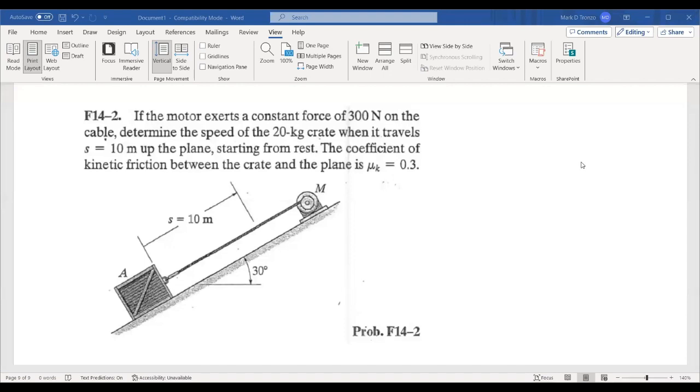We'll take a look at this problem, F14-2. If the motor exerts a constant force of 300 newtons on the cable, determine the speed of the 20-kilogram crate when it travels 10 meters up the plane, starting from rest.